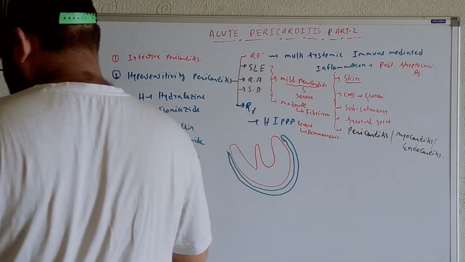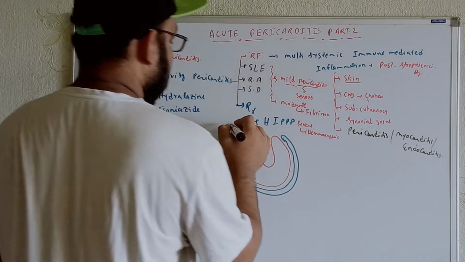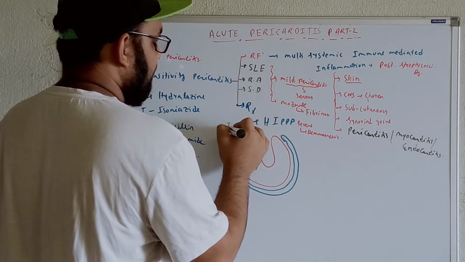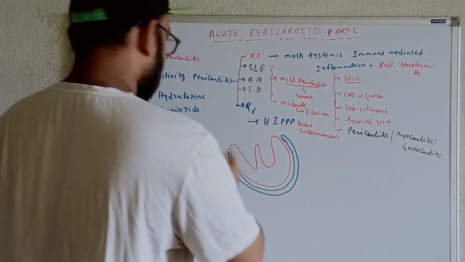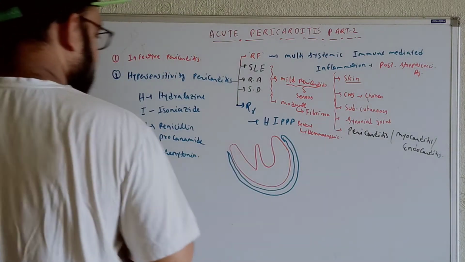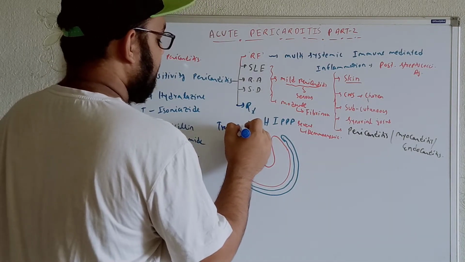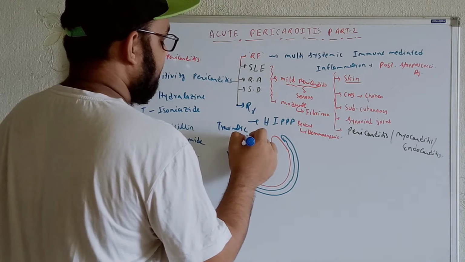Now, for example, we are getting an injury. If we get an injury on the heart, it means in terms of traumatic causes.